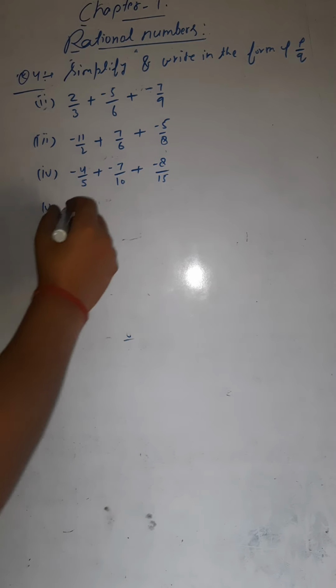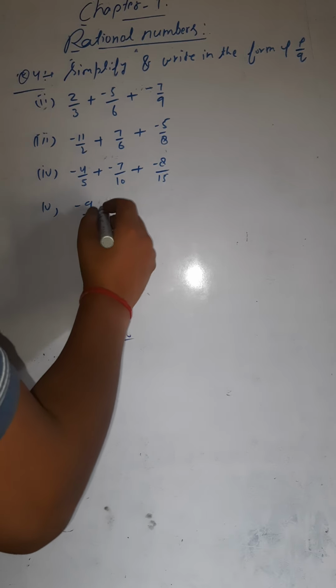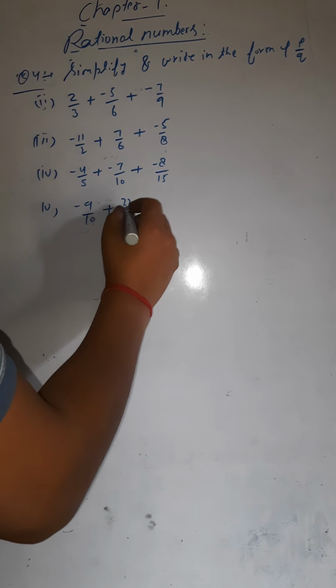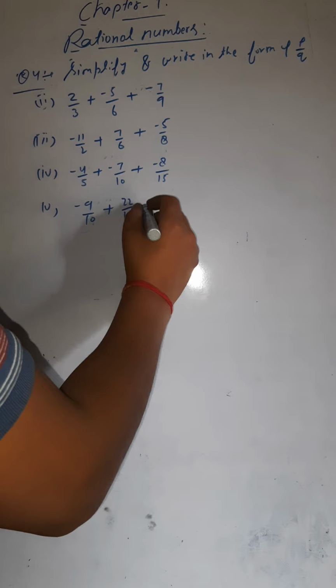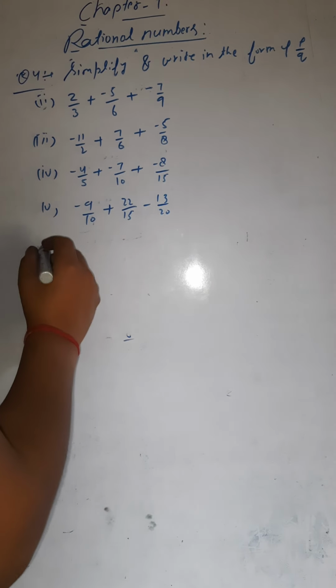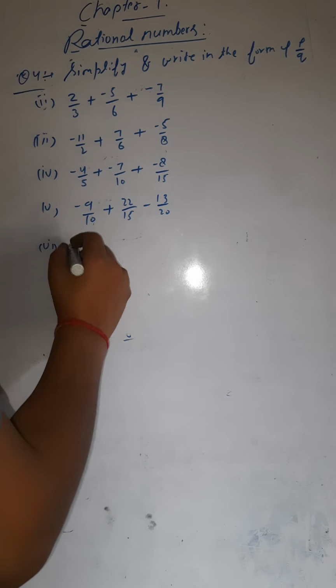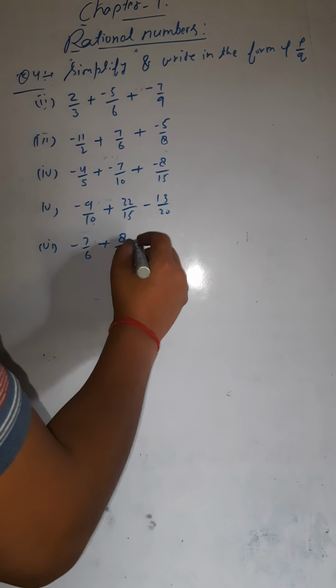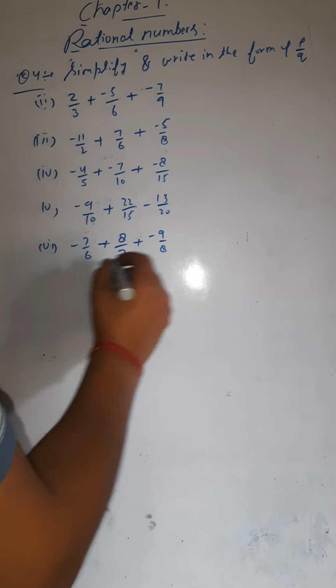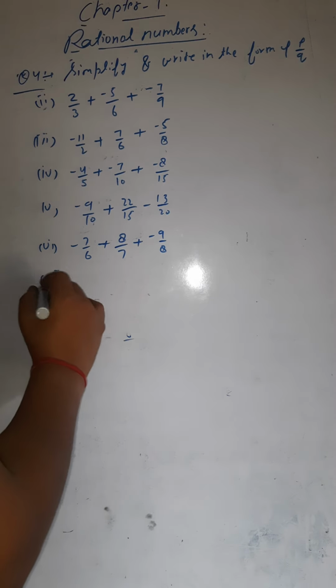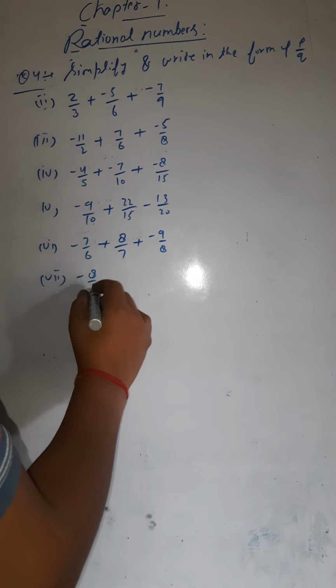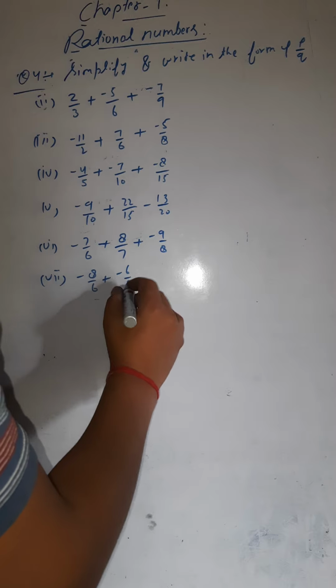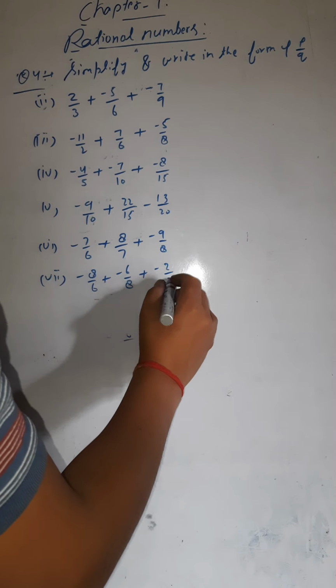Fifth question: minus 9 by 10 plus 22 by 15 minus 13 by 20. Sixth: minus 7 by 6, 8 by 7 plus minus 9 by 8. Seventh question: minus 8 by 6, minus 6 by 8, minus 2 by 3.